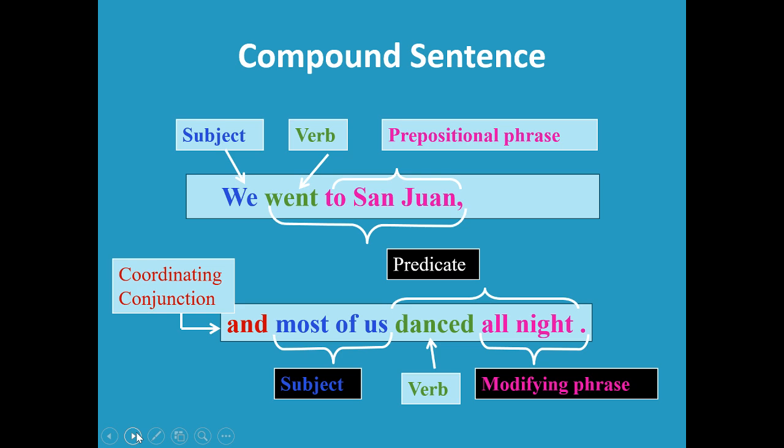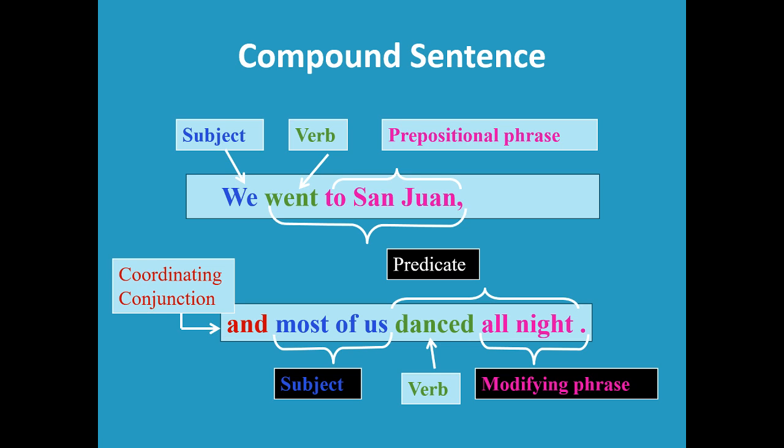And then below you can see most of us danced all night. This is the second independent clause, and these two clauses are joined by a coordinating conjunction, and.